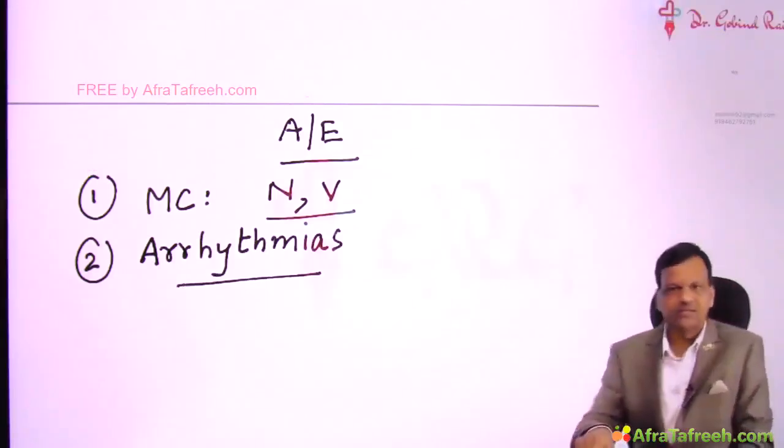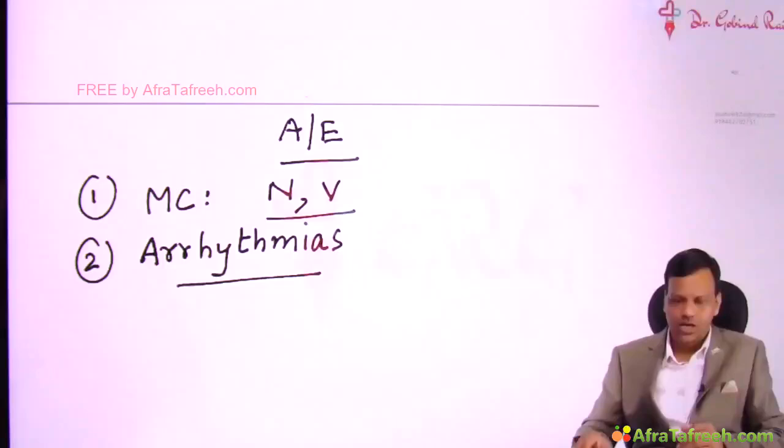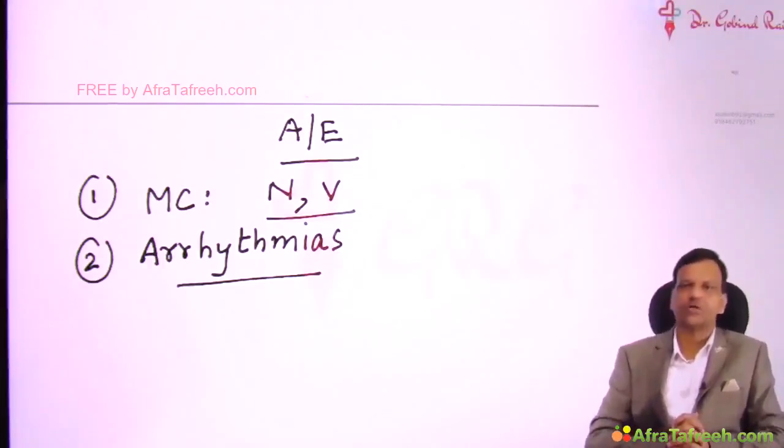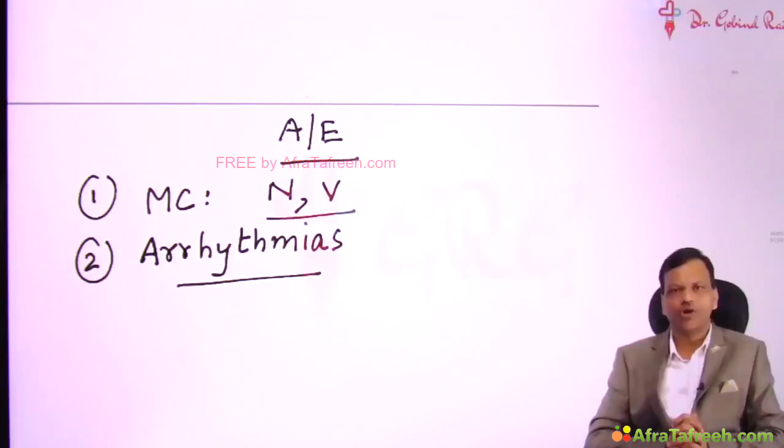If you discuss the mechanism of action of digoxin, we discussed two mechanisms. One, it increases calcium. So when calcium increases, it will try to stimulate the heart. But at the same time, digoxin also decreases the conduction from atrium to ventricle. That means it has a vagomimetic effect. And due to the vagomimetic effect, the heart gets the information that I have to get depressed.